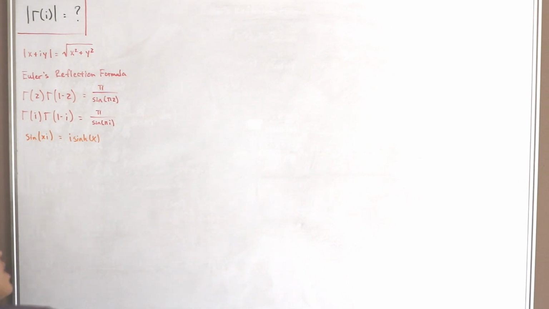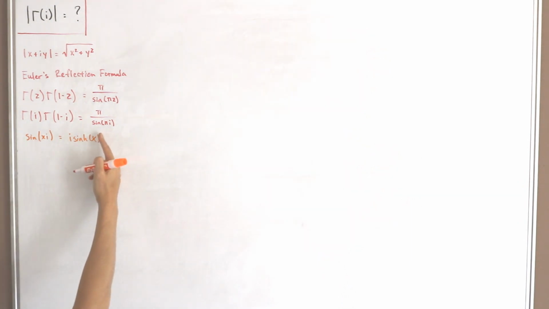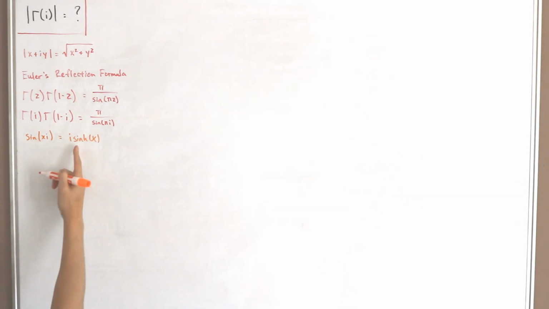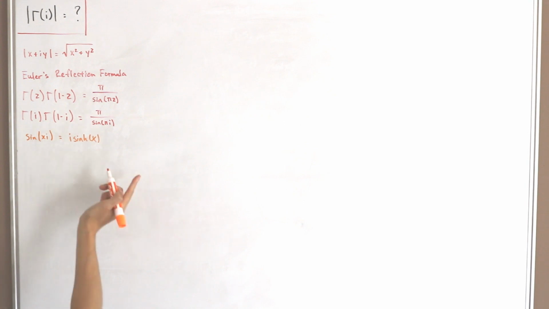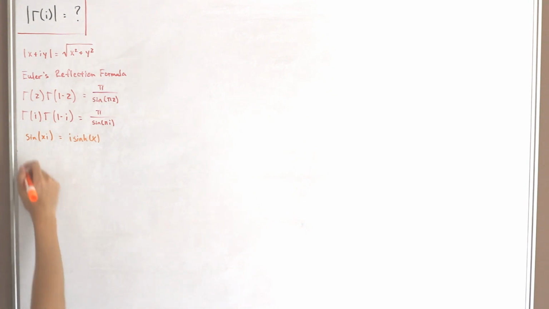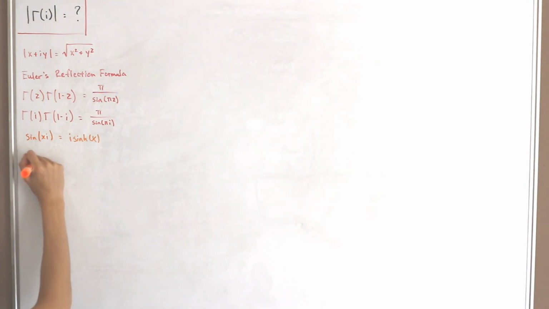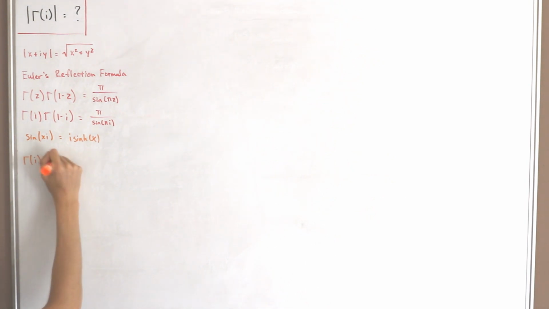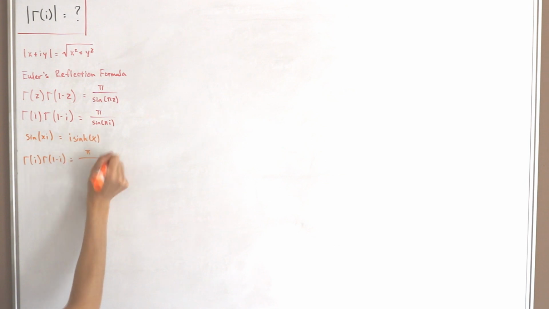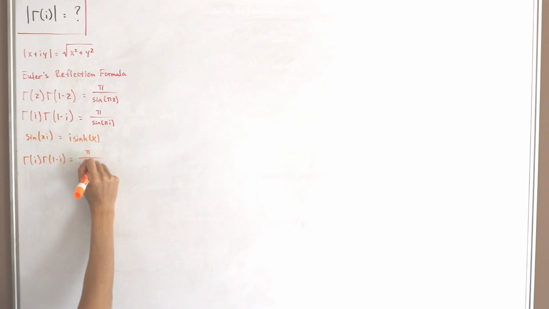So we'll replace the sine of pi i with i times the hyperbolic sine of pi. Let me rewrite this again. Therefore, we have pi divided by i times the hyperbolic sine of pi.